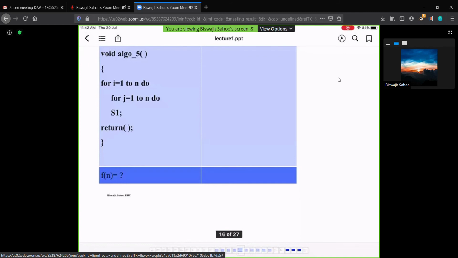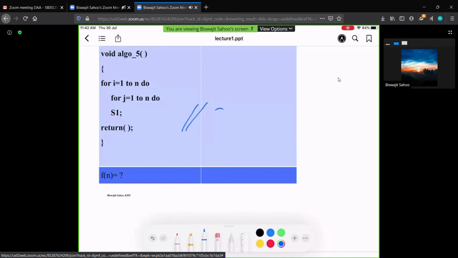Those declaration statements are not required. One comment to note down: S1 is a simple statement, and we are least bothered about what it is. It could be a simple addition, subtraction, multiplication or division.